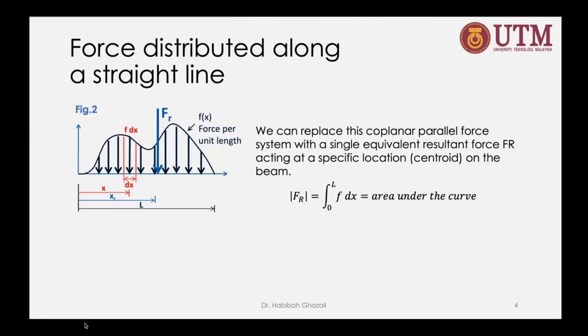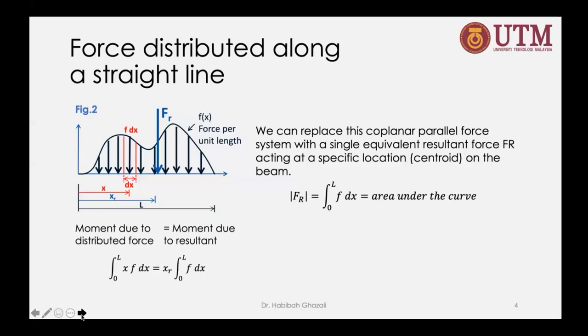So it is done if we have the distributed load with this kind of shape. For example, the line is with the function f(x). So if we integrate it from one point to another point, the area under that curve is equivalent to the resultant force. And the centroid, you can calculate the centroid using this equation.